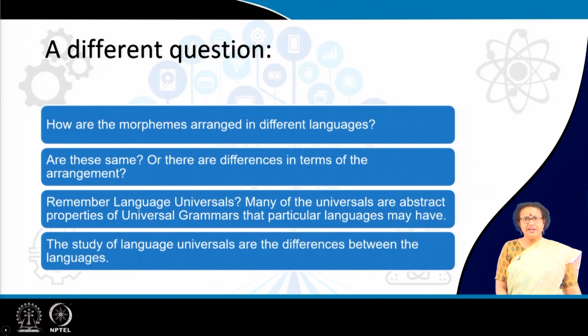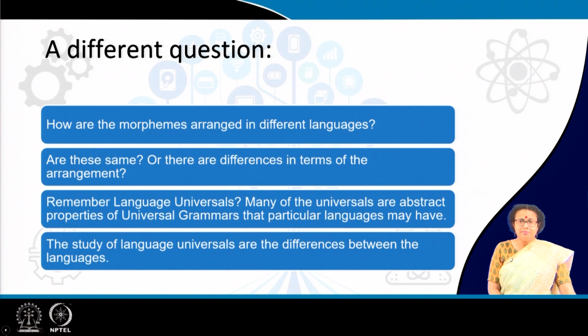So, I am asking a very different question now, and I am sure many of you have similar questions in your mind. How are the morphemes arranged in different languages? Is it the case that the arrangement of morphemes is the same in all languages of the world, or are there differences in relation to the arrangement?